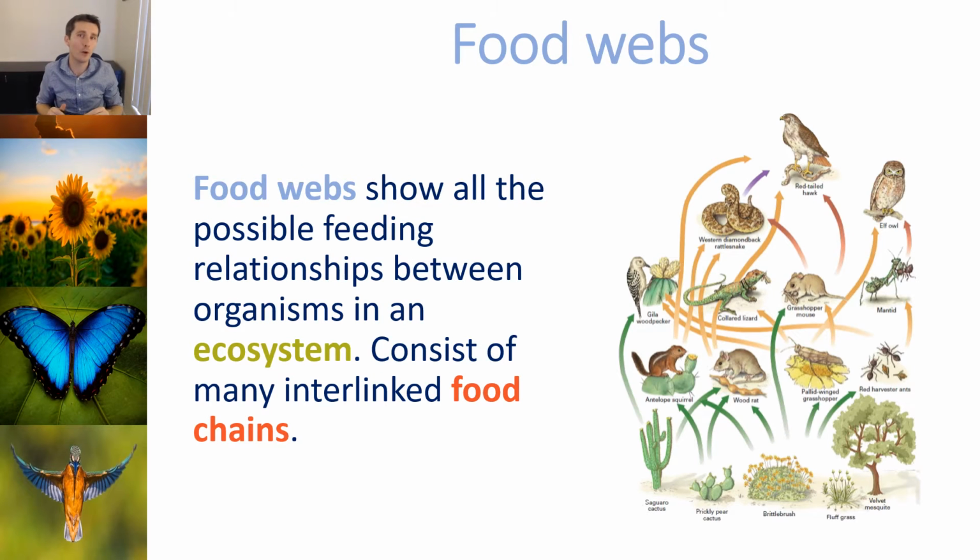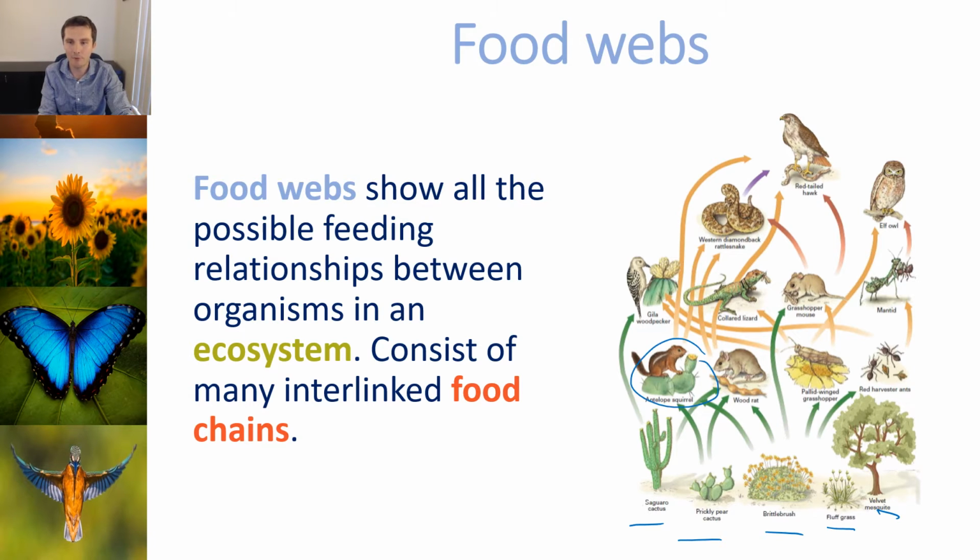This differs to a food web, which shows all of the possible feeding relationships between organisms in an ecosystem. And this will consist of many interlinked food chains. This is a much better representation of the relationships that are occurring in an ecosystem, because you get all of that interconnectedness. You notice down here we've got 5 producers in this desert scrub ecosystem.